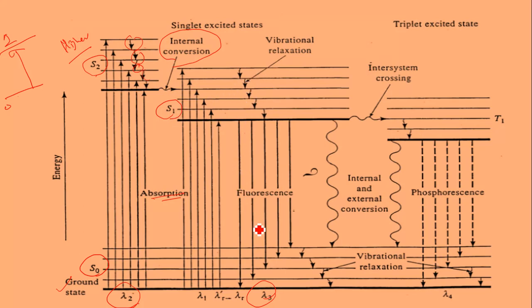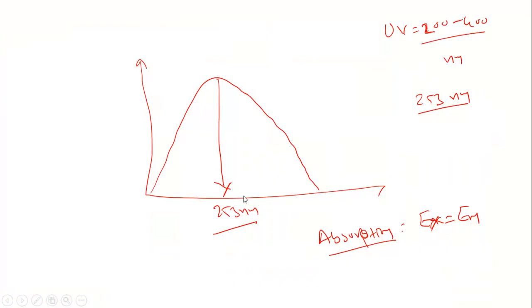Again it falls back to its actual ground state. If the wavelength is higher than the excitation wavelength, then it is known as fluorescence.